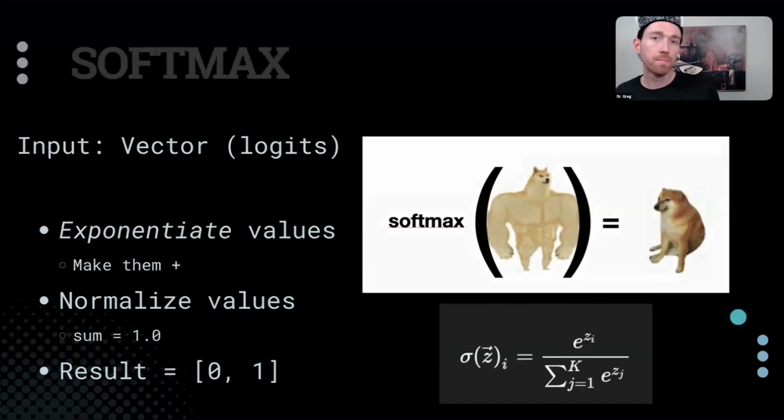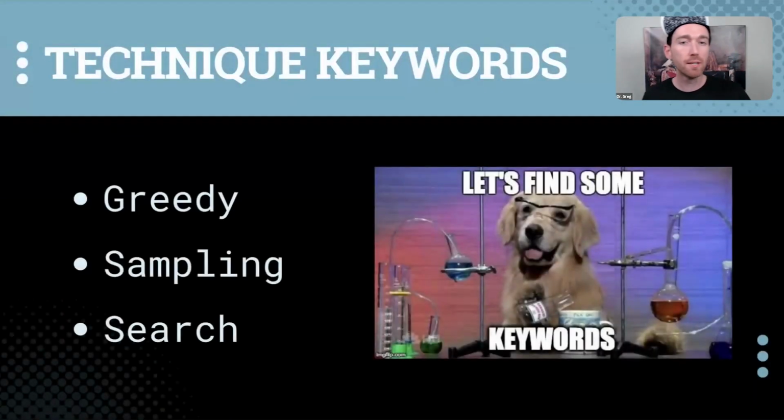For instance, we can use different, increasingly complex techniques to decide which one to pick, right? Once we have this distribution, we have all the tokens that we could possibly choose in front of us in a distribution with different probabilities. Which one should we pick?